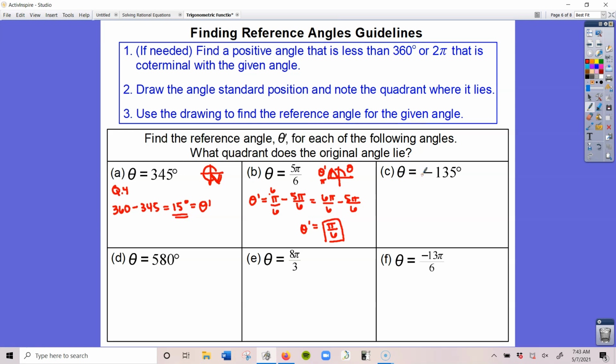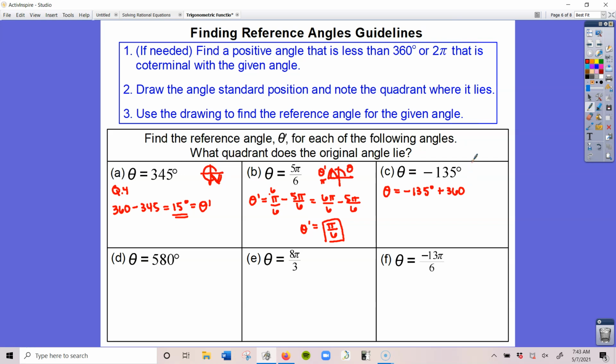Now for C, I have a negative angle. So what I first need to do is find a coterminal angle that is positive but less than 360. So first, I'm going to figure out that coterminal angle. So I have negative 135 degrees, and I'm going to add 360, since remember, that's how you find your coterminal angles.